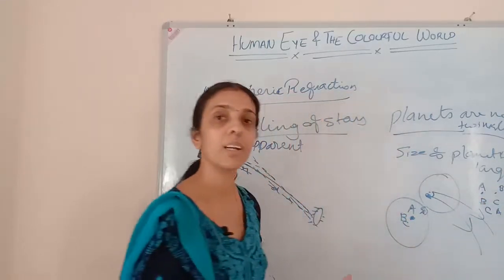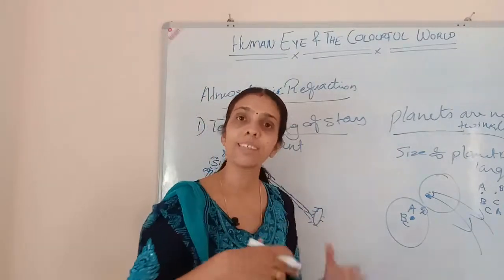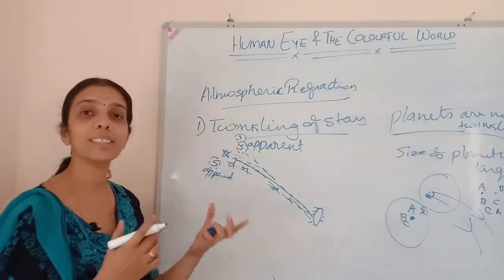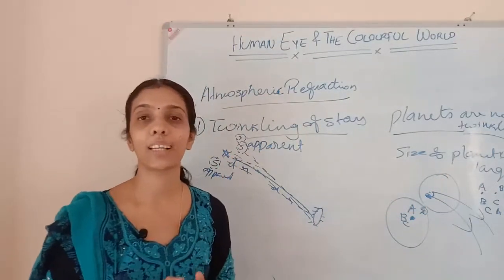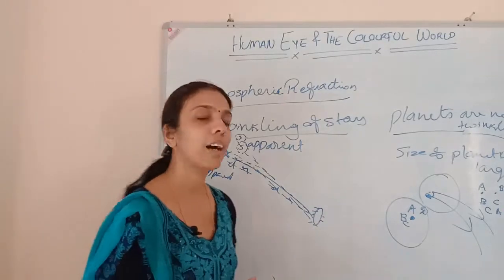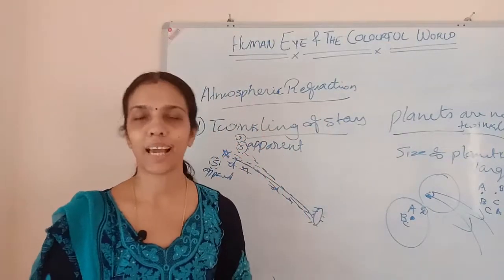Like that we will see, so we can't see any difference over there. Since it is large in size, it is happening over there. But in the case of stars, since the size of the star is very small, that won't happen. That is the reason we are not feeling a twinkling effect in planets.